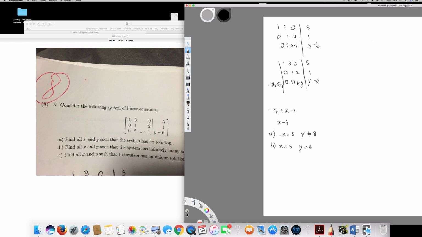But if this one has a number, and this can be 0 or any number, that means it has a unique solution. So x shouldn't be equal to 5, but y can be any number. It can be 0 too, right? So x shouldn't be equal to 5 and y is any real number. So that is the answer for the last one.